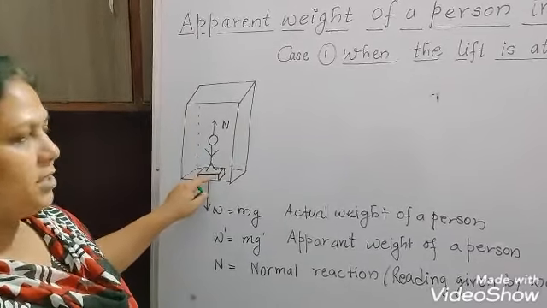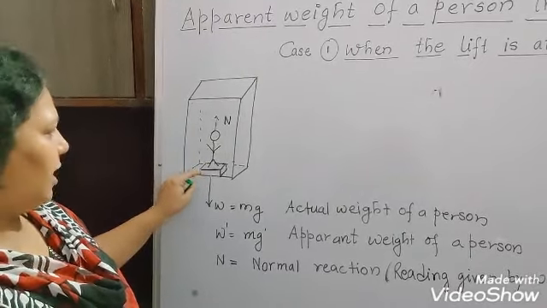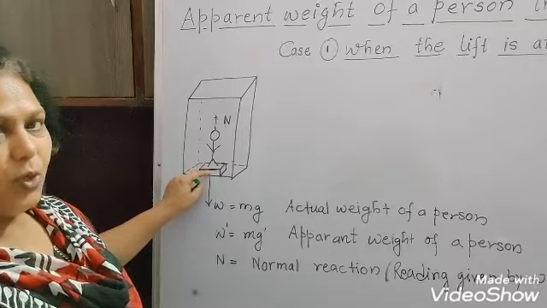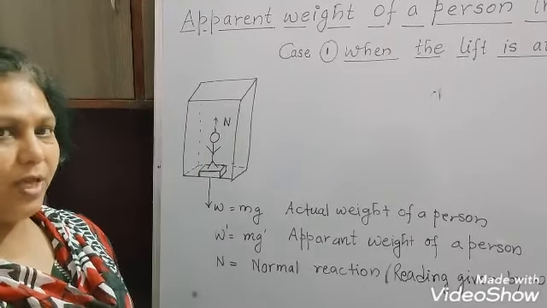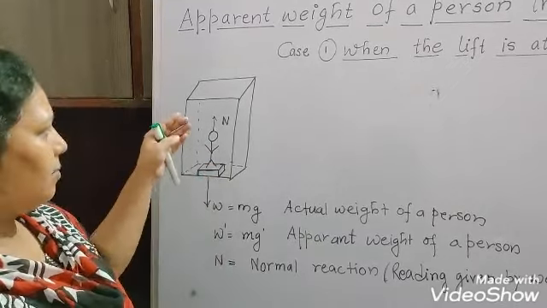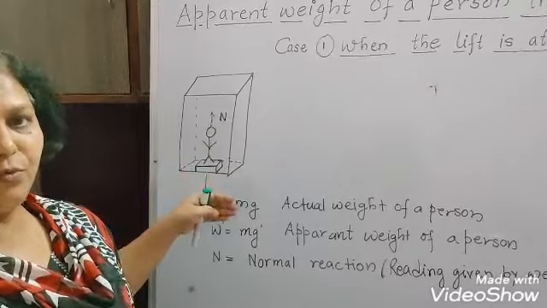The weighing machine is showing a reading, and that will be the weight of the person. That reading will change as the motion, or the momentum, of the lift changes.